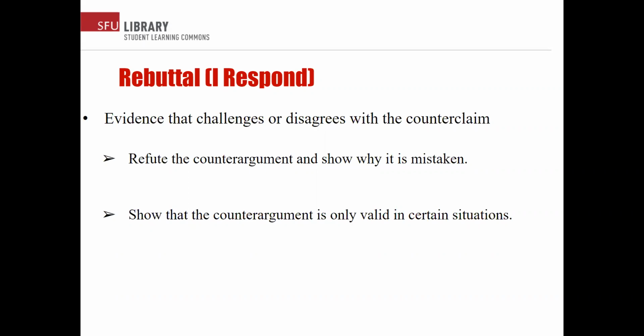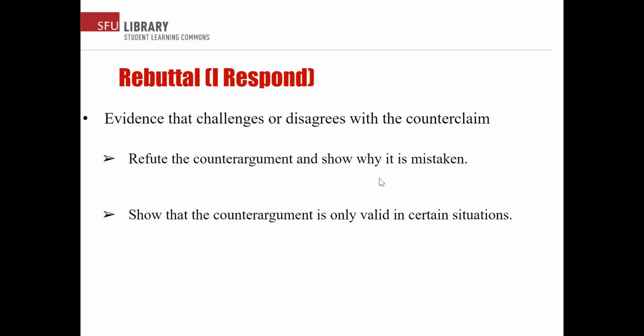The second way is that you want to maybe show that the counterclaim is only valid in certain situations. Here you may argue that your opponent's argument is valid, but not persuasive enough to be used in your study, or that their argument could be valid in a different context.